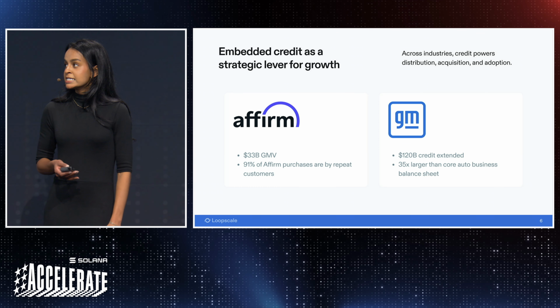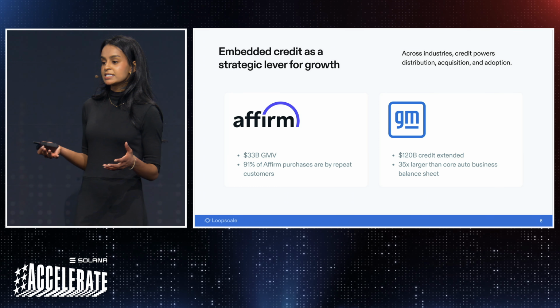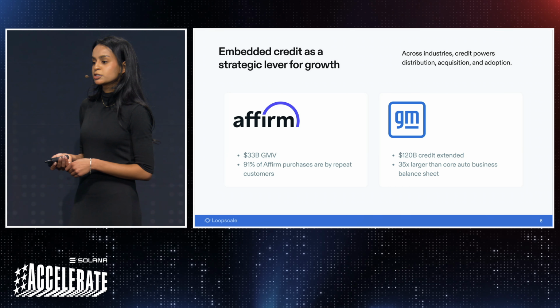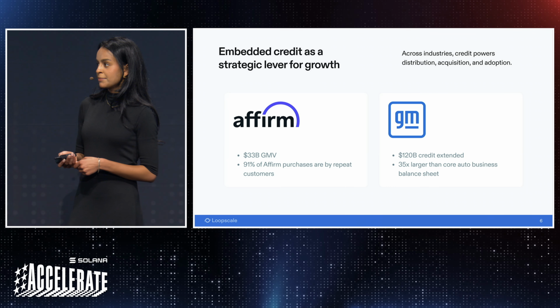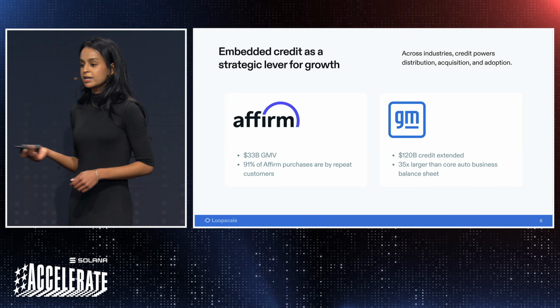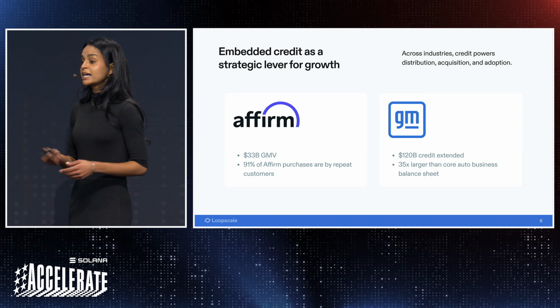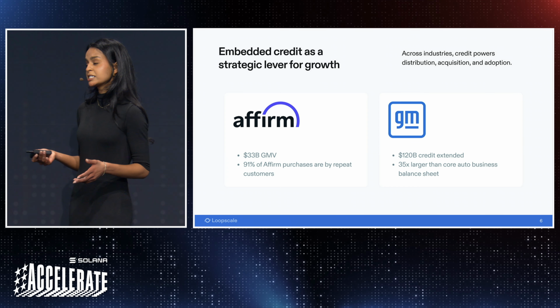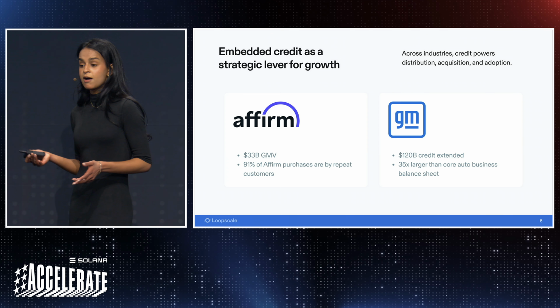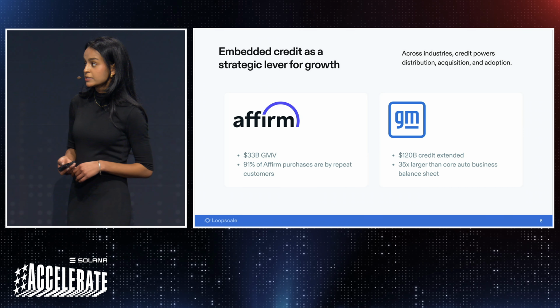Something that is true in TradFi and less so in DeFi is the use of credit as a strategic lever for growth. You see it across a variety of industries. Affirm is a great example, providing credit to consumers at checkout. 91% of their customers are repeat customers, which shows the value of credit in driving loyalty and user acquisition.